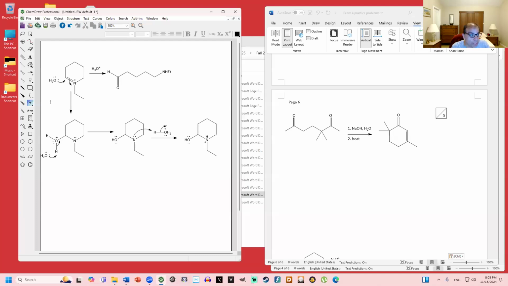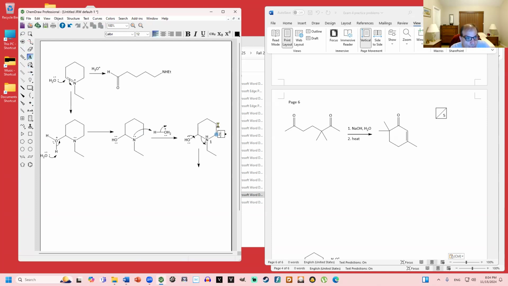So you get this intermediate, and then with help from the alcohol oxygen, we break this carbon-nitrogen bond and push the electrons onto the positively charged nitrogen. Let's number some atoms. We'll call the nitrogen atom 1.